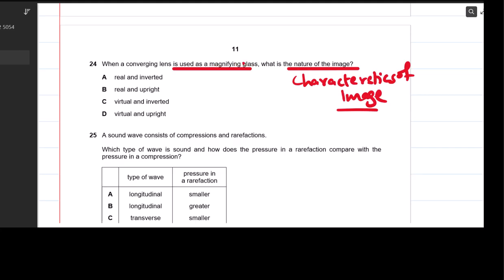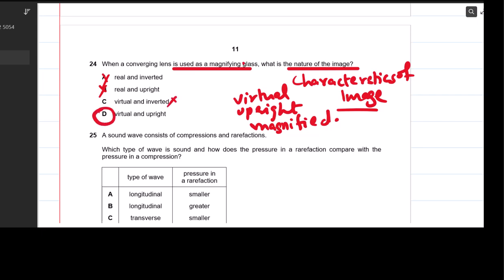So it will be virtual, upright, and enlarged, magnified. So not real, and virtual and inverted is not possible. So D is right, virtual and upright.